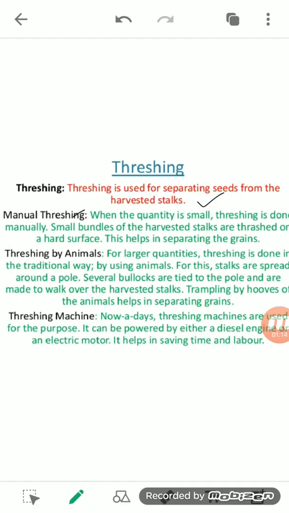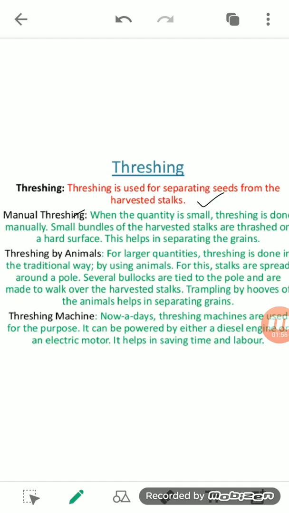When a lot of grain or harvested stalk is not there, it can be done easily by hand. Small bundles of the harvested stalks are thrashed on a hard surface, and this helps in separating the grain. Manual threshing is done by holding a pile of the crop and beating it on a rock or a hard surface, due to which it loosens and separates the grain from the stalk.